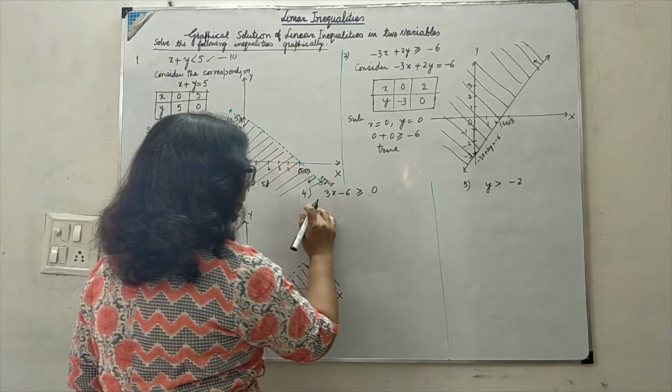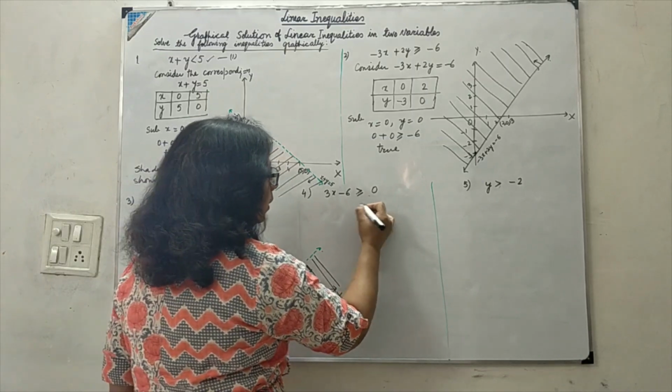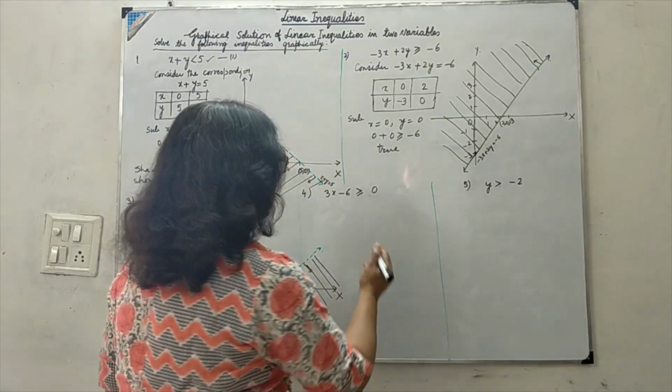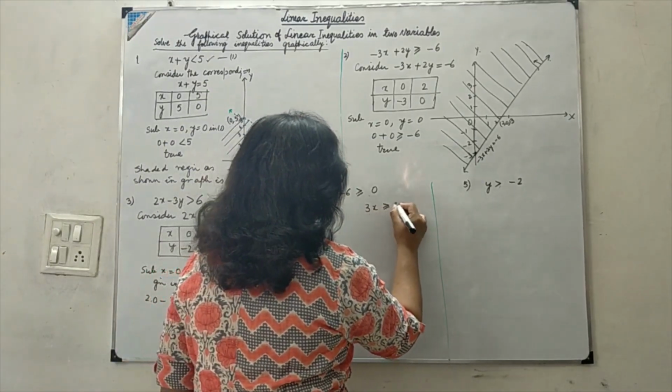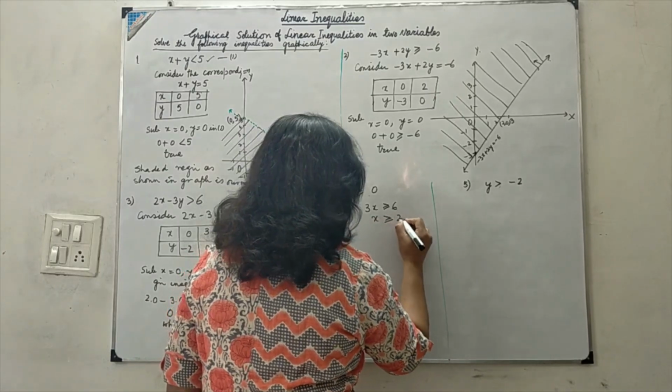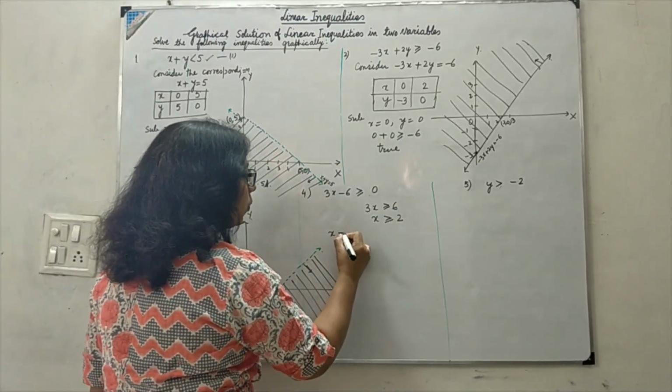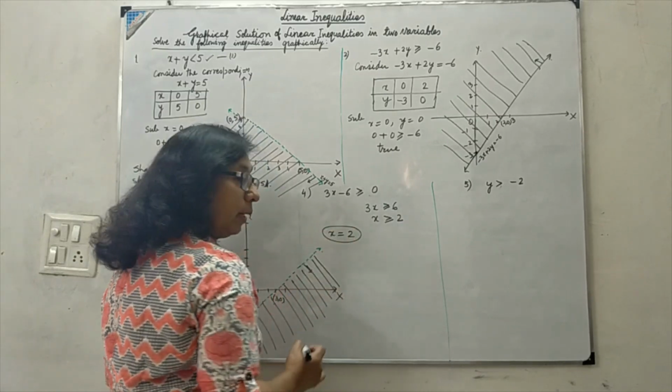Moving on to the next part, I have here 3x minus 6 greater than or equal to 0. That means 3x greater than or equal to 6, that means x greater than or equal to 2. Considering the corresponding equation, it will become x equal to 2.